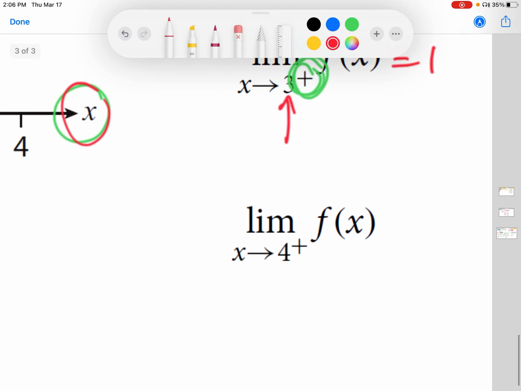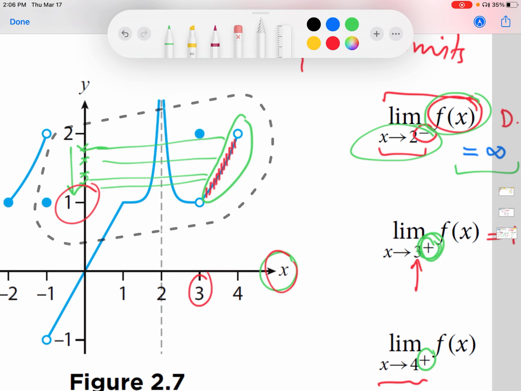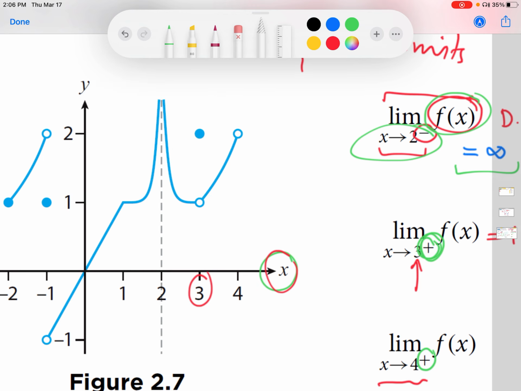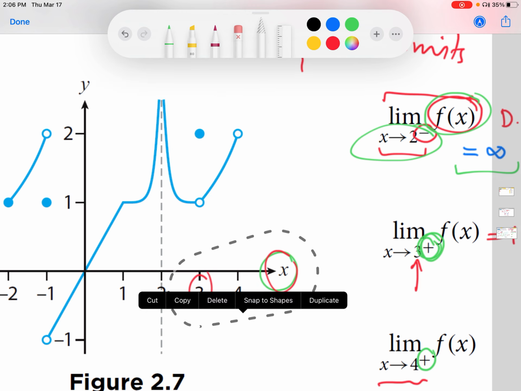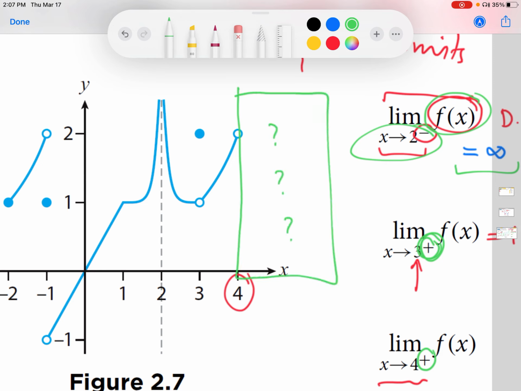And then the last one, how about x approaches 4 from the right? So similar thing I'm going to do here, remove the clutter, and then look at 4 from the right. So first I'll find 4 on the x-axis, so here it is, okay? And then I'm going to look at the portion of the graph to the right of 4. And here I run into the same problem as before, the first limit we investigated.